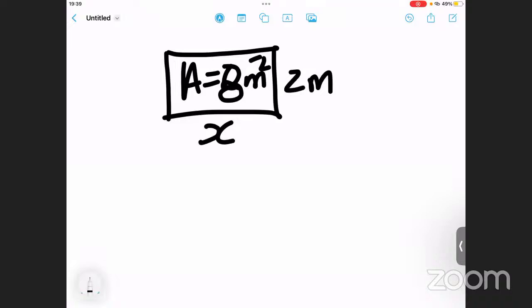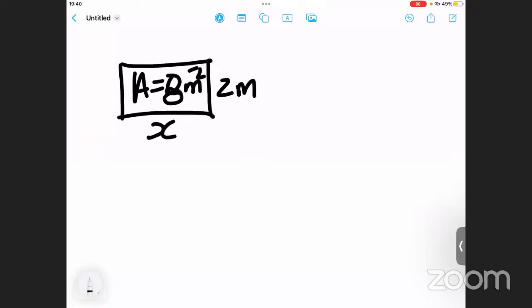The area of that rectangle is 8 meters squared. The other side is 2 meters. The other side is unknown. So now they want to know the length of that other side.